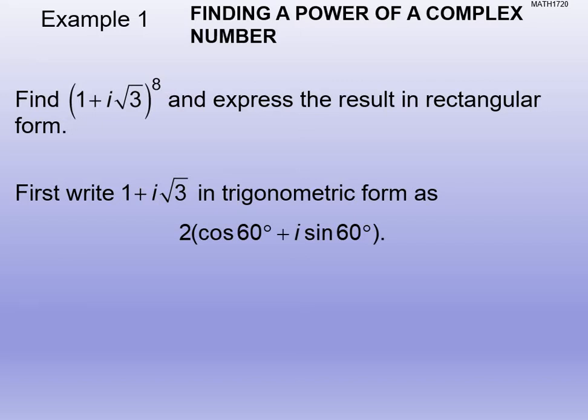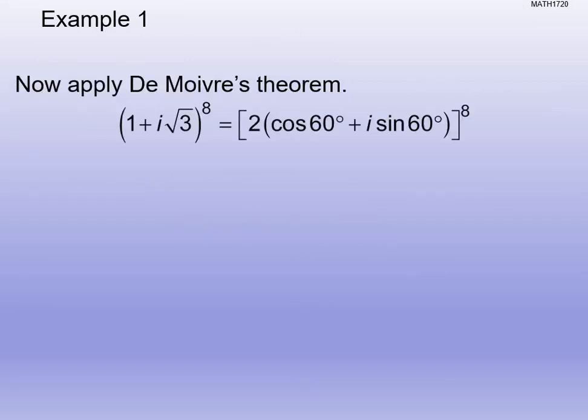Now we're not done yet. All we did was take the 1 plus i square root of 3 into trig form. Now we're going to use DeMoivre's theorem. When we rewrite it, it's going to be 2 times cosine of 60 plus i sine of 60, all raised to the 8th power. Now that 8's going to come into play.